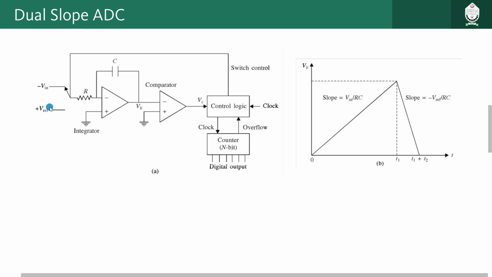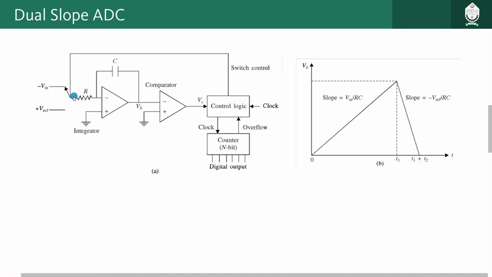And another thing is your reference voltage. This arrow sign basically means this is a switch. This switch can be connected either to this input voltage or to the reference voltage, and it is controlled through this switch path by the control logic, right?